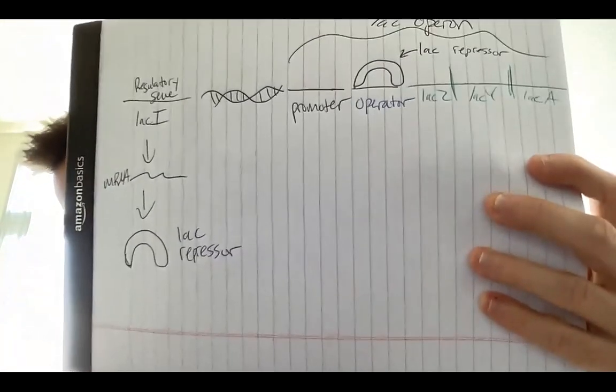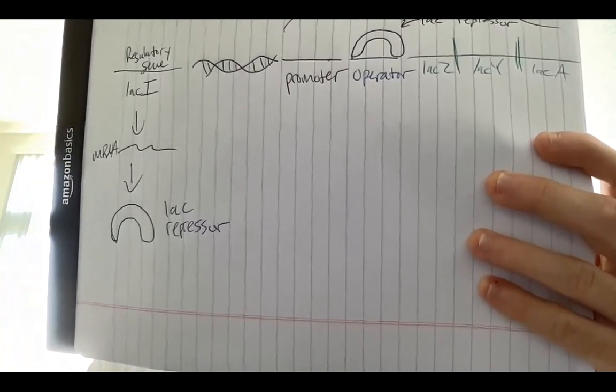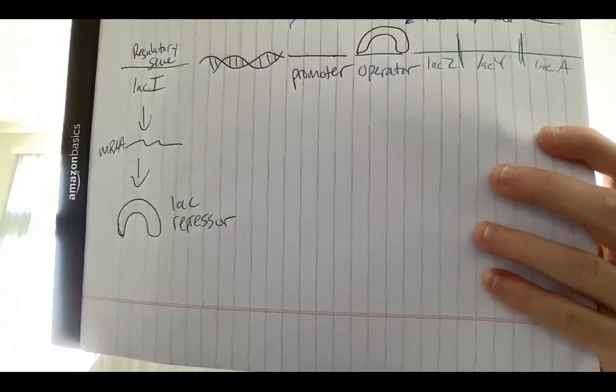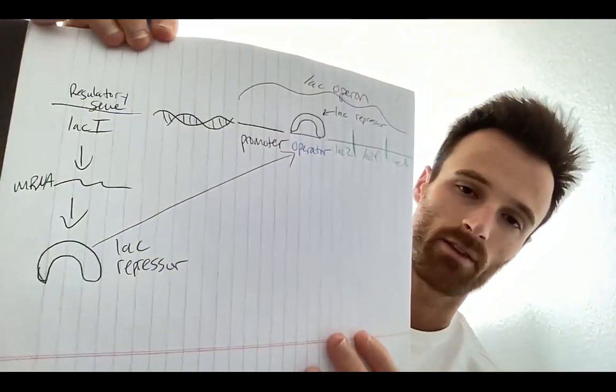And we're making this lac repressor protein, right? Which has a high affinity by itself to bind to the operator. And so immediately, right after being made, it just goes and sits on the operator, prevents transcription.